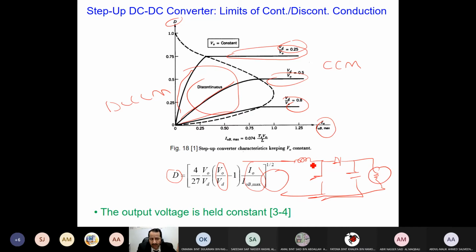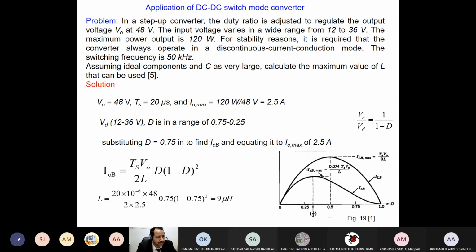I want you to calculate the inductance, or it could be the capacitance, so you design it, but I need to give you some information. Or I give you the inductance and capacitance and ask you to find the current, the mode, the duty cycle. Let's see this in the next example.